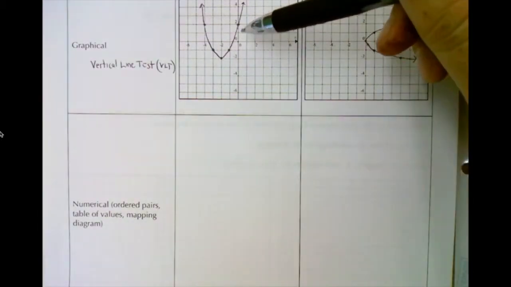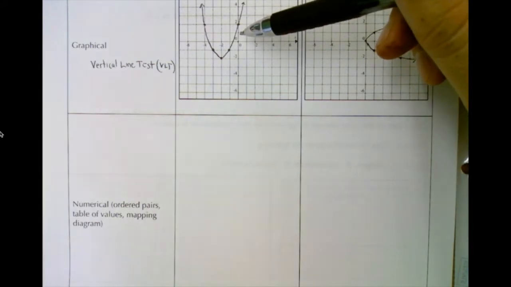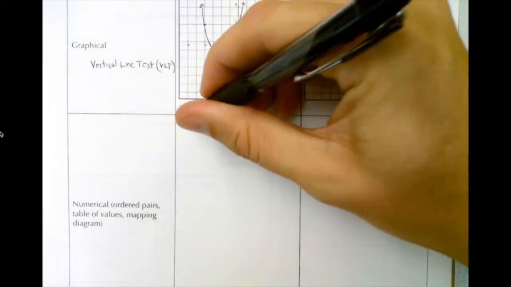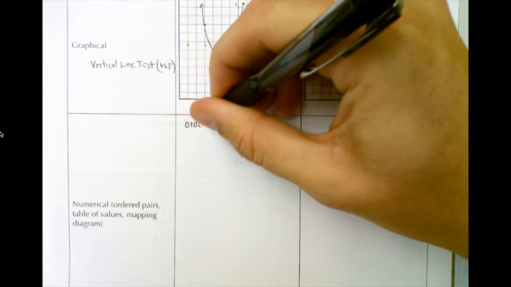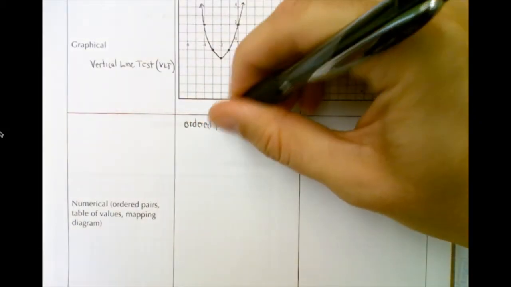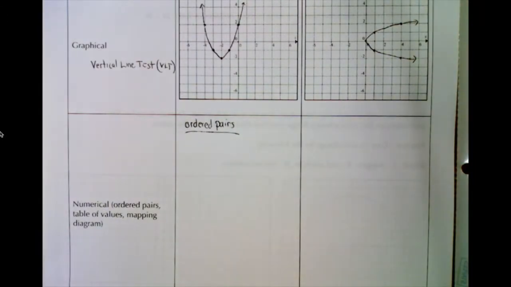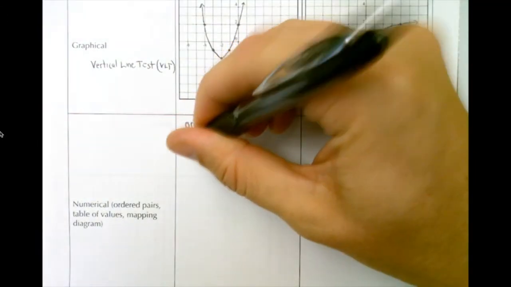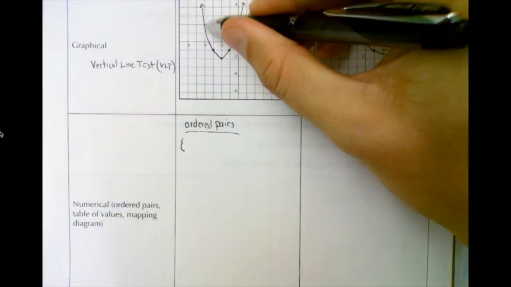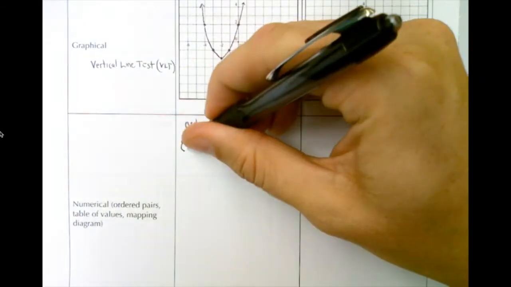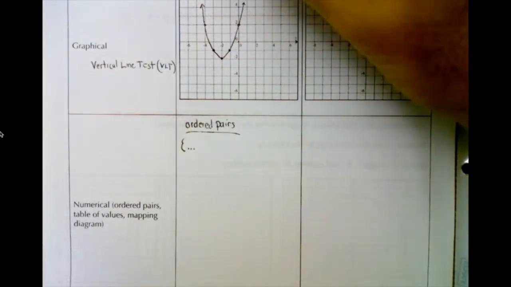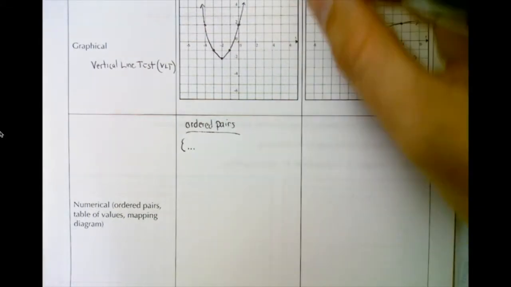We'll use the actual points on that graph to create our ordered pairs. Ordered pairs is just to create a set and then include all of the points on the graph. And we can use 3 dots to show that there would be more points to the left of the ones we're going to record here in our ordered pair set.